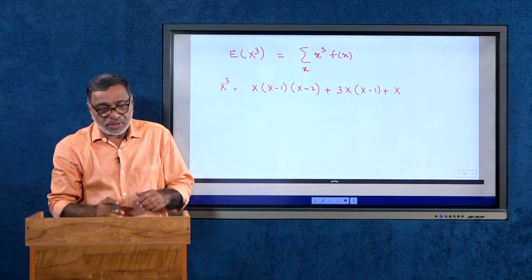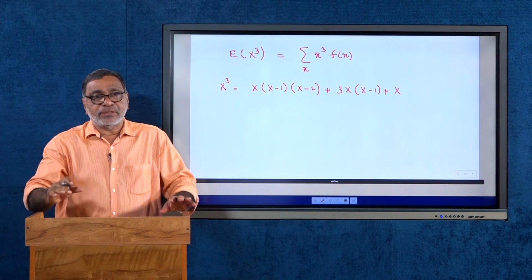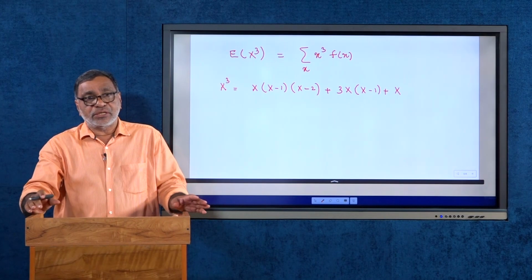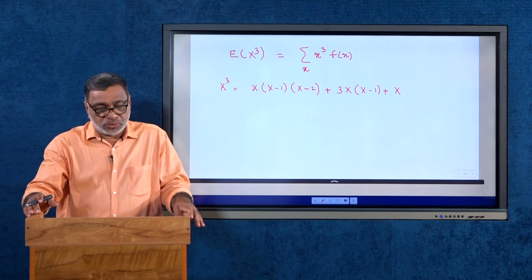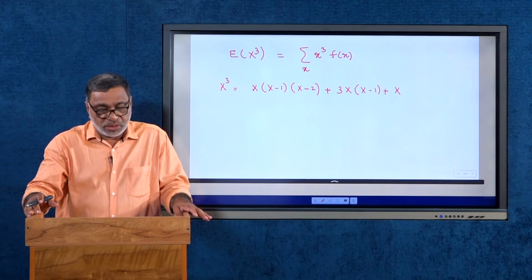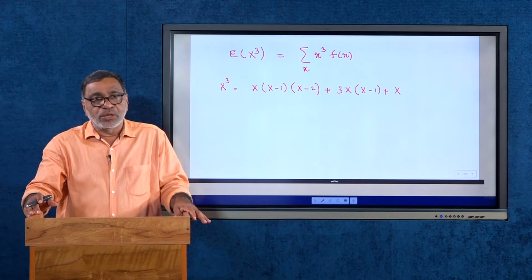That is a linear combination of these factors. So, x cubed is equal to x into x minus 1, x minus 2 plus 3x into x minus 1 plus x.